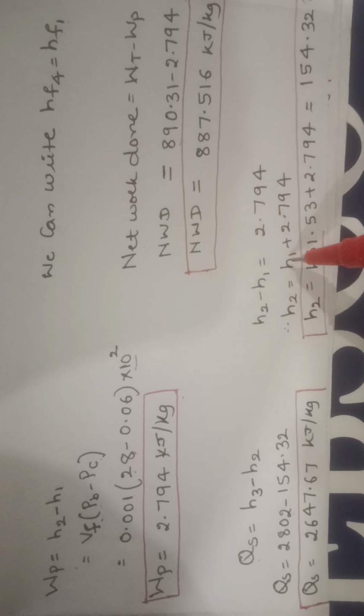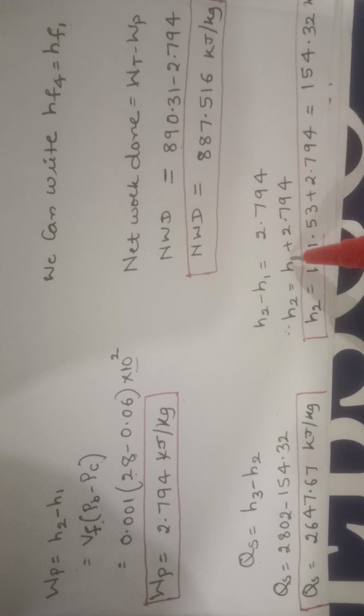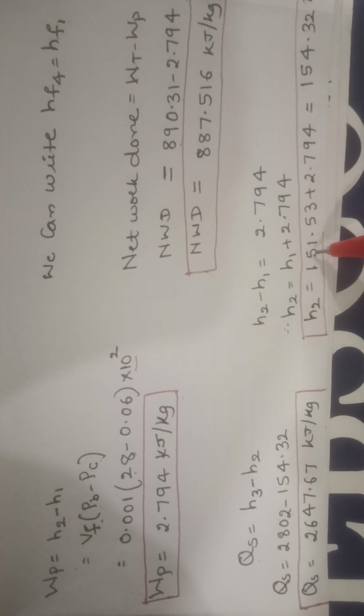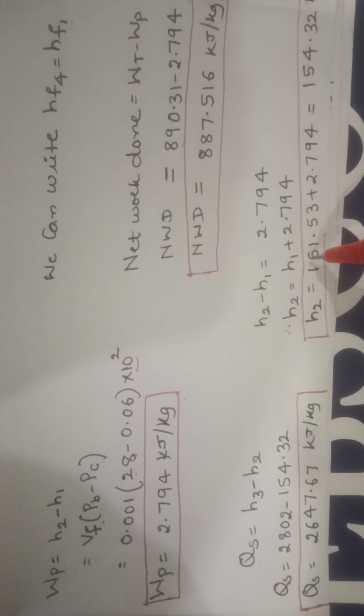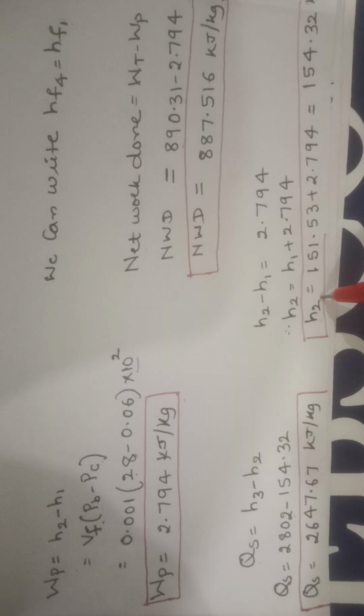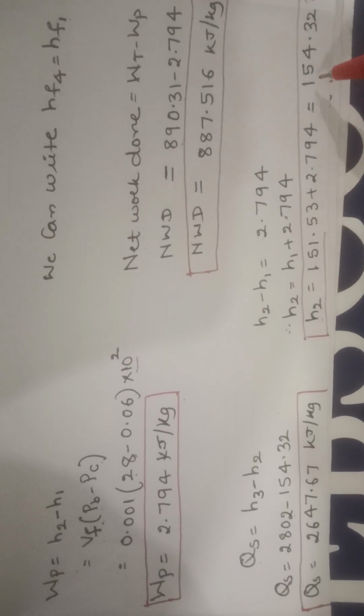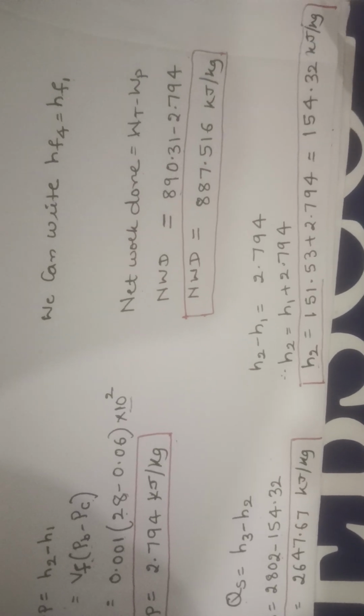So therefore H2 is equals to H1 plus this value. H1 is nothing but enthalpy of water at 0.1, which is the same value as HF4. So therefore H2 is equals to 151.53 plus 2.794 is equals to 154.32 kilojoules per kg.